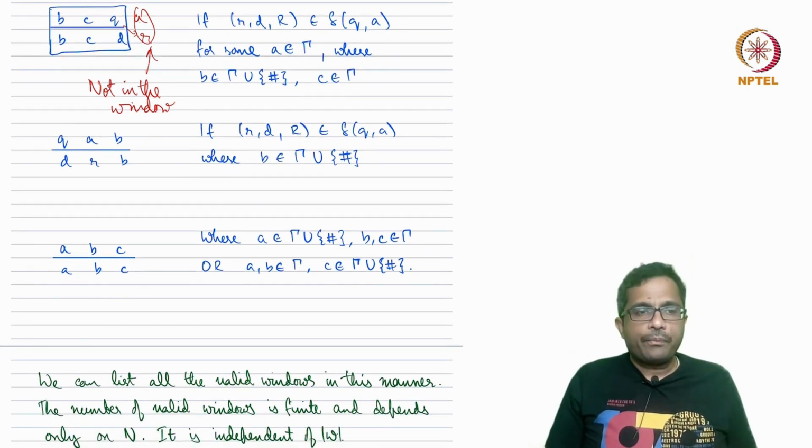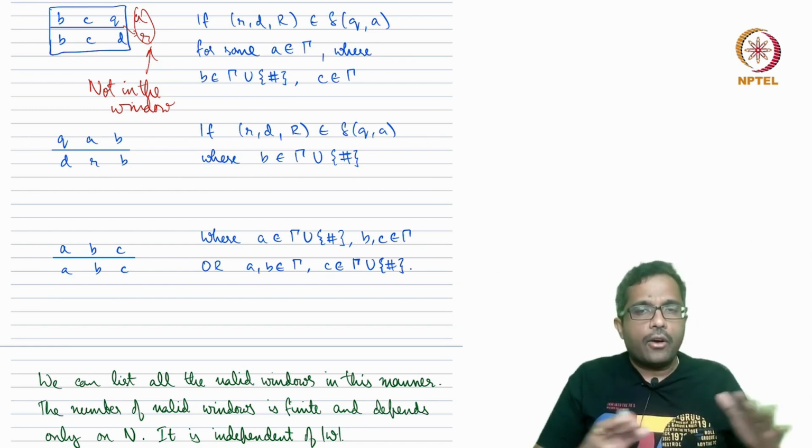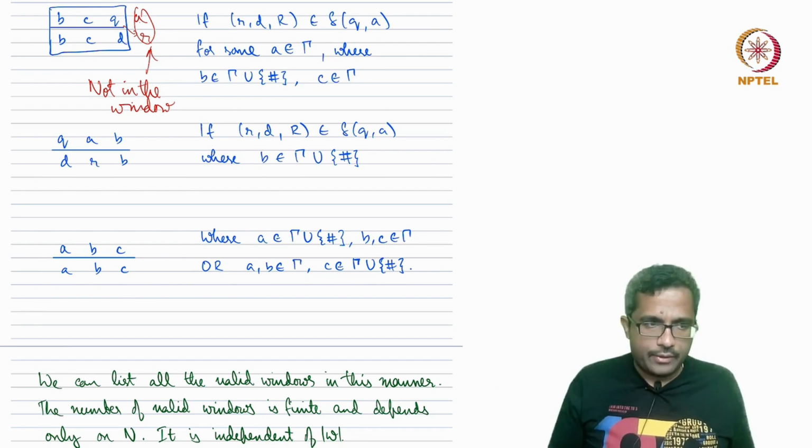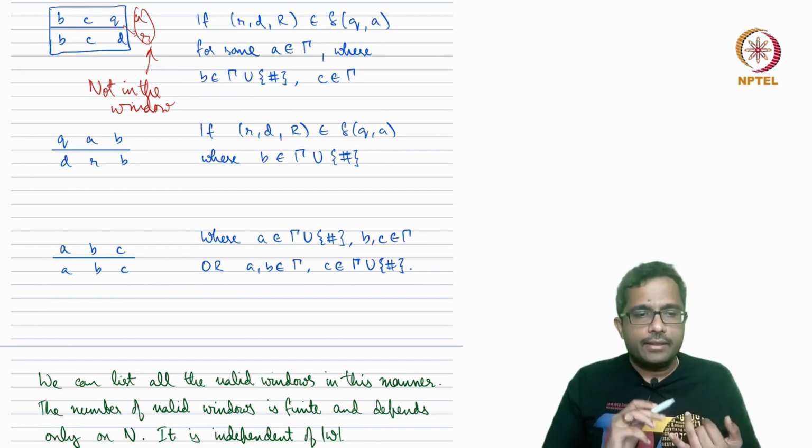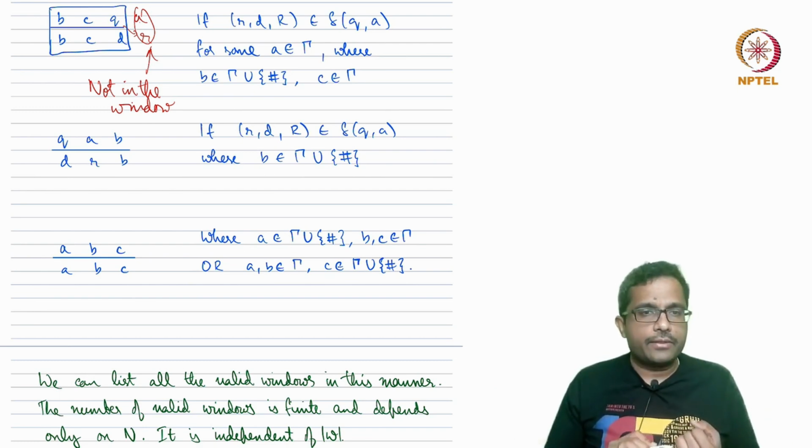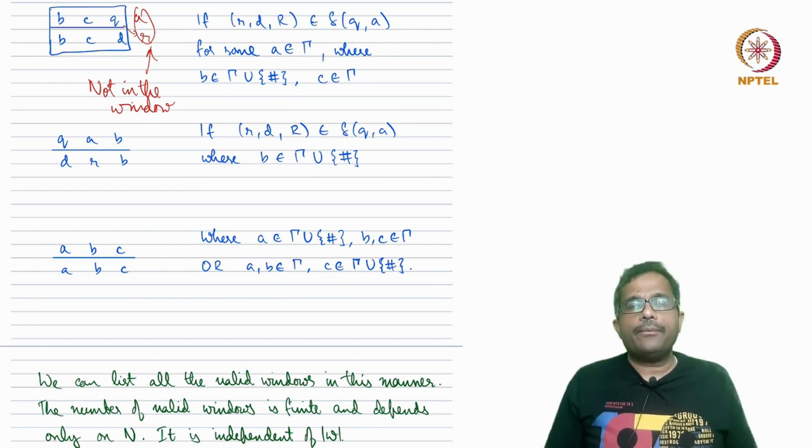The point is the valid window is a function of only the Turing machine. So once the machine is fixed, the set of all valid windows is also fixed. It depends on only the Turing machine, the number of states, the number of tape alphabet, the transition rules, etc. It has no connection with the input.